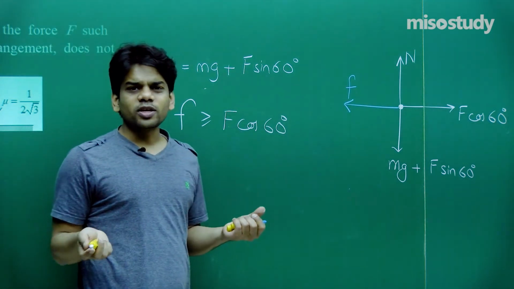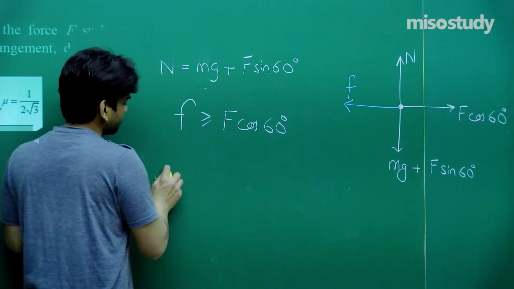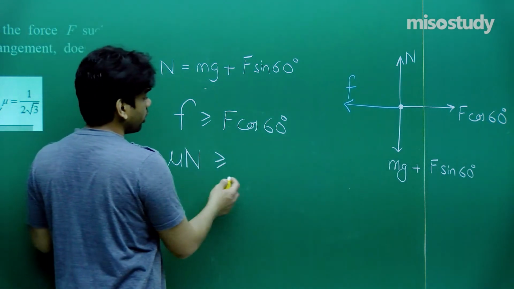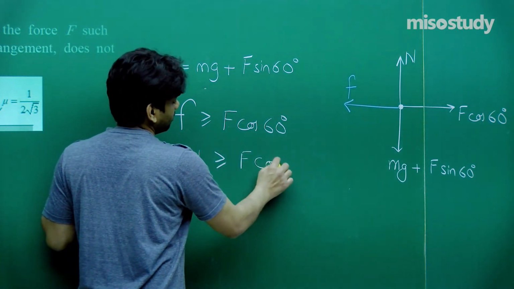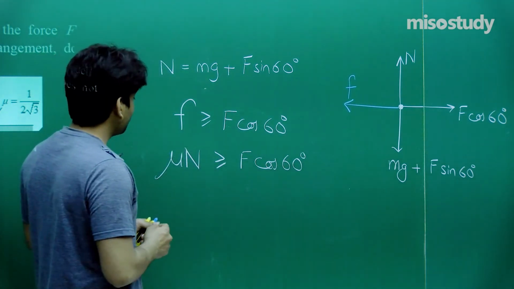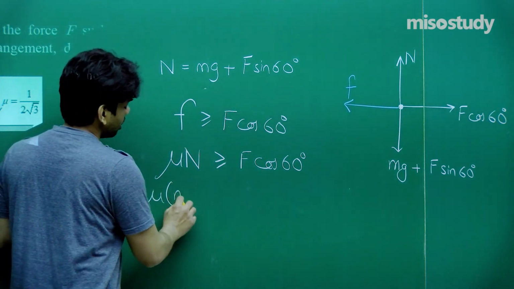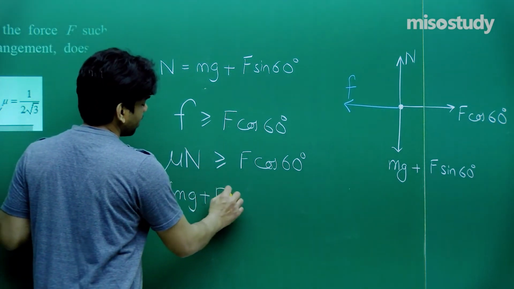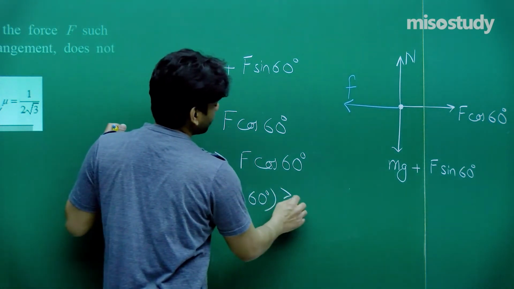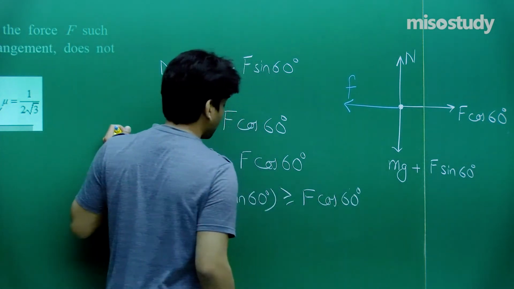Since we are talking about the limiting friction case, we equate friction to mu into N, where N is mg plus F sin 60 degree. So mu into (mg plus F sin 60 degree) is greater than or equal to F cos 60 degree. We obtained this much.